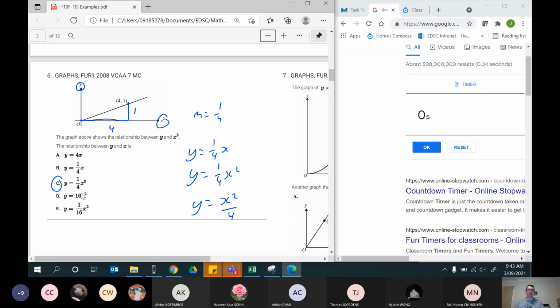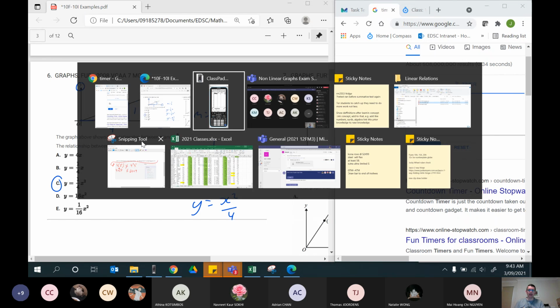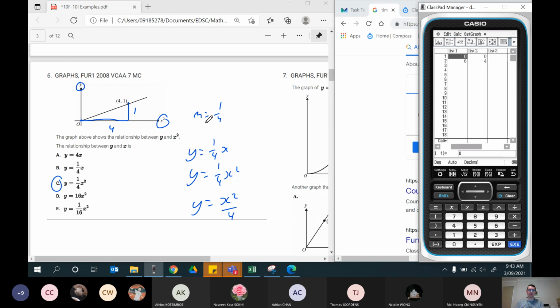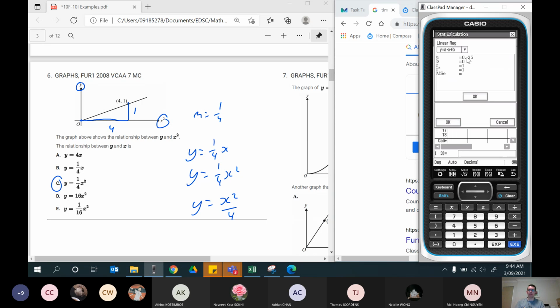Does anyone want me to go through the CAS use again to show them how I could do this? I might just do that again. So on the CAS, if you're struggling with this y equals mx plus c, but hopefully we're literally just trying to find out the gradient. If you are struggling with that, let me know. You can put through the coordinates here, so it's going to be 4 and 1, 0, 0, 4 and 1, calc, regression, lin reg, hit OK to that, and you can see it's y equals 0.25x plus 0, but x is going to be the x squared.